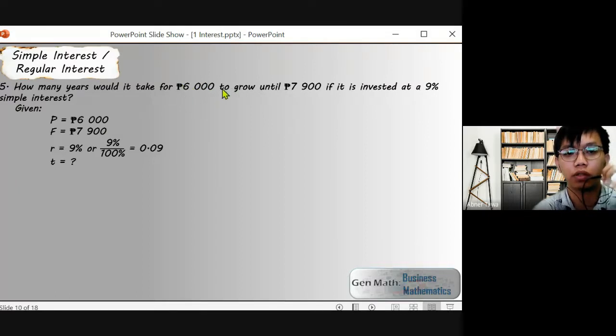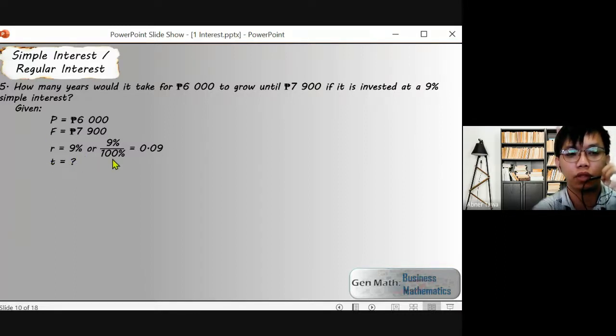That is the amount invested, therefore that will be our principal amount. And then it grows to 7,900, that will be our future value. And then the rate of interest, that is 9%, or in decimal form, just divide 9% by 100, and that will be 0.09. And then the unknown here is the length of time. And then we're going to use the correct formula.